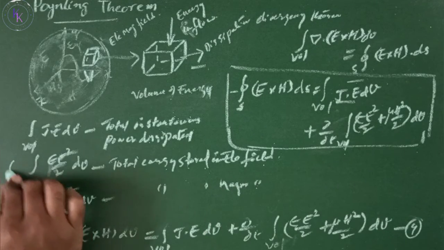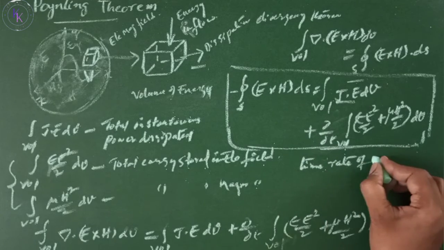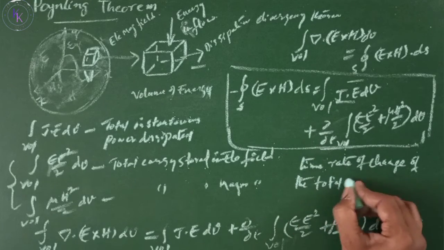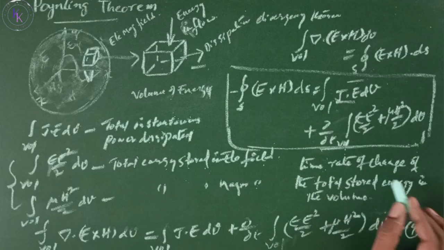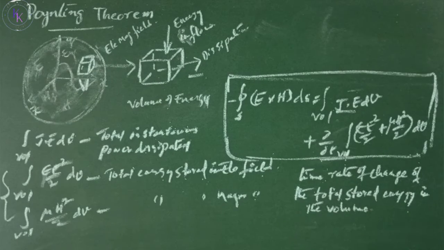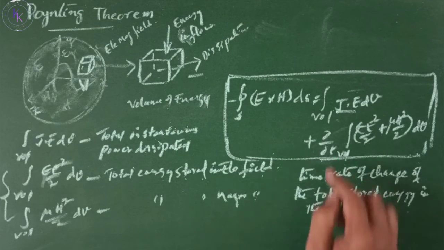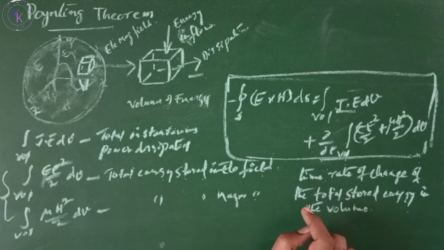So in combination of these two, this second term is the time rate of change of the total stored energy in the considered volume. Therefore, the sum of the terms is the instantaneous power dissipated plus the instantaneous power inflow into the volume. Hence, it is the total power flowing into the volume.